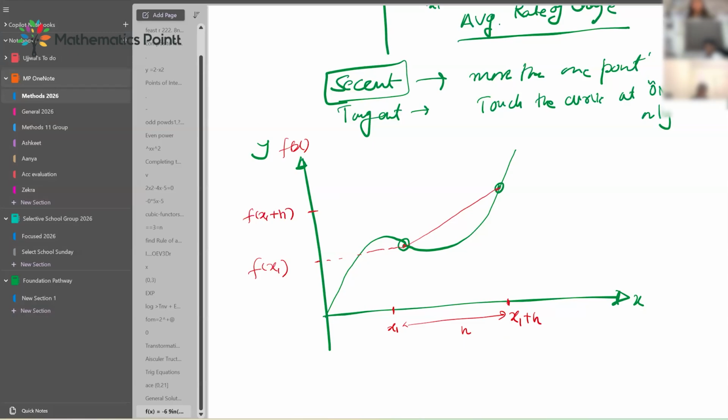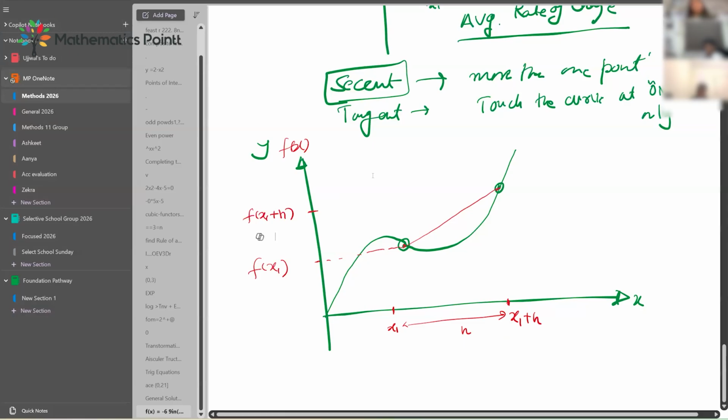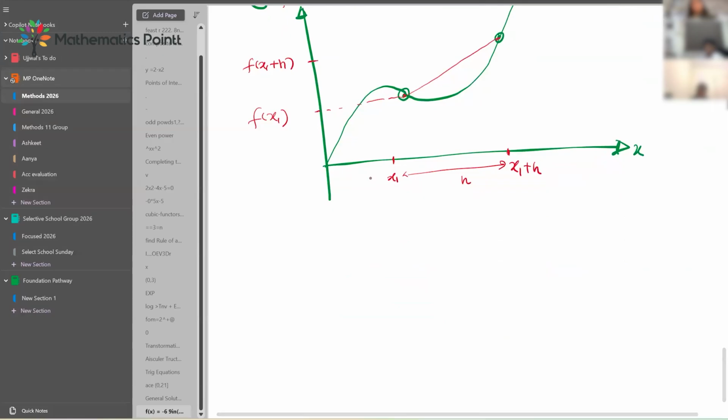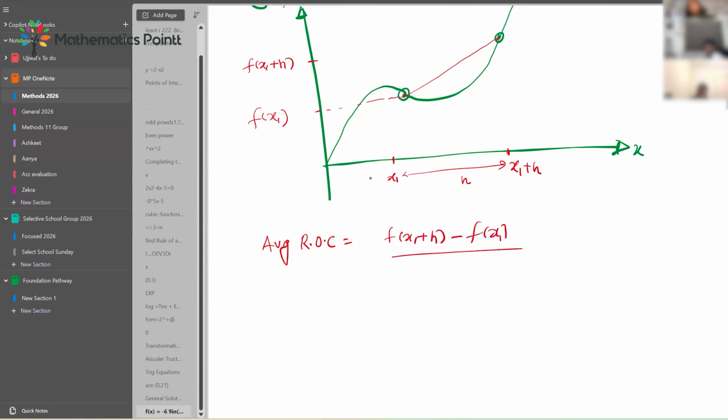So what is the rate of change? My average rate of change, I say ROC, is y2 minus y1: f of x1 plus h minus f of x1 over x1 minus x1 plus h, right or wrong?